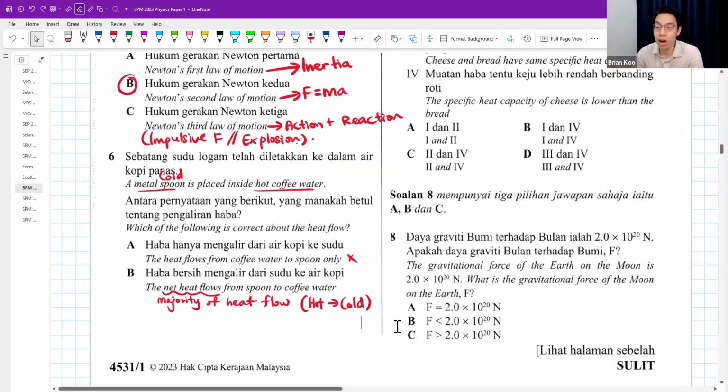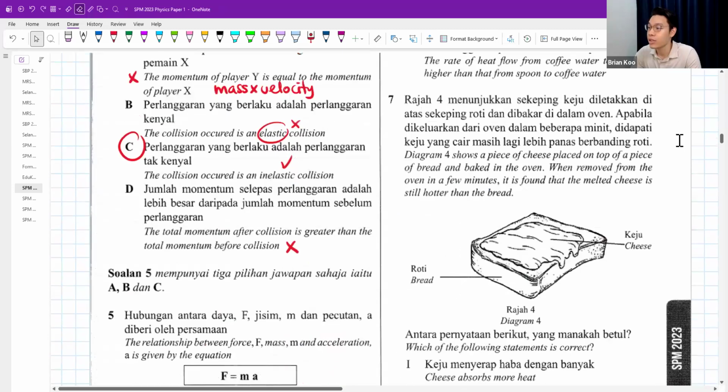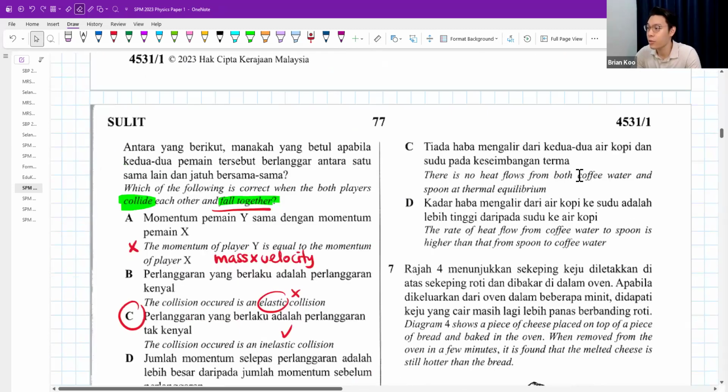So mostly it's from hot coffee, coffee water, to spoon. So B is also wrong. Let's see C. There is no heat flow between coffee water and spoon at thermal equilibrium. Also wrong. The rate of heat flow from coffee water to spoon is higher than spoon to coffee water.